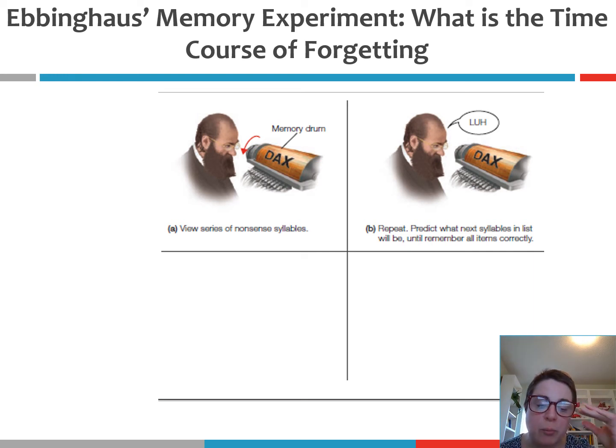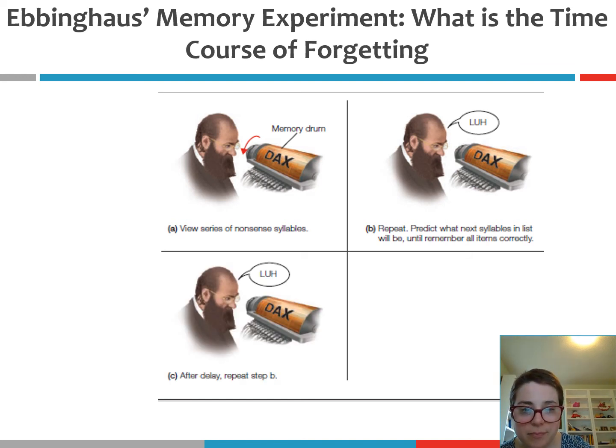So just like when we're studying flashcards, right, we look at a word and try to recall the definition on the back, right? He would look at an existing nonsense syllable and try to remember which nonsense syllable came after it until he could recite them all from memory in the correct order.